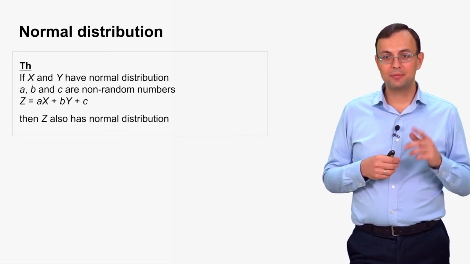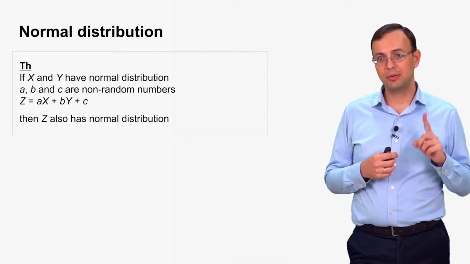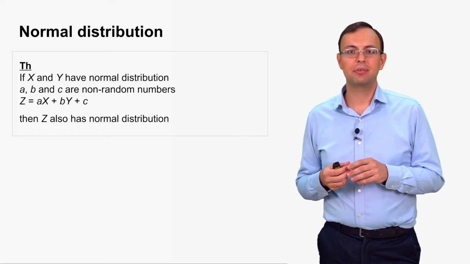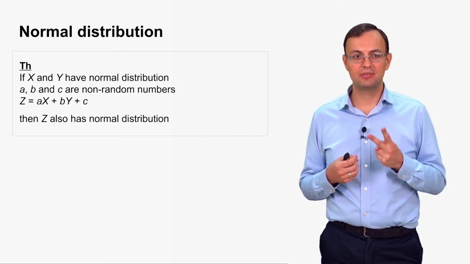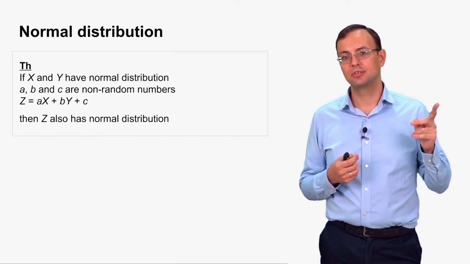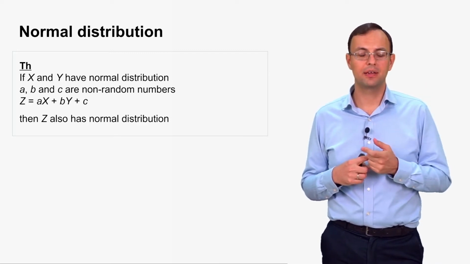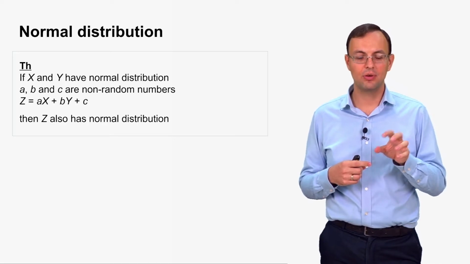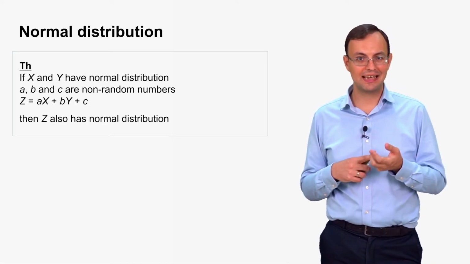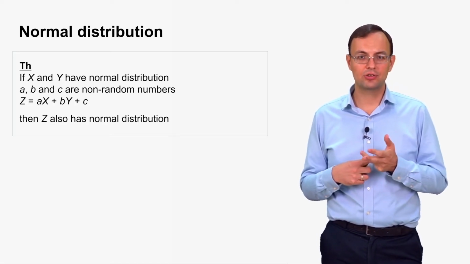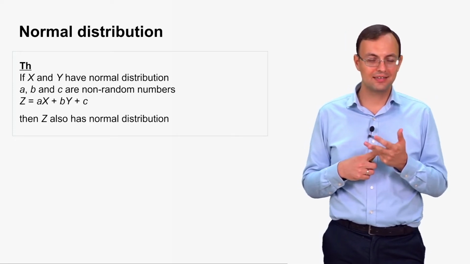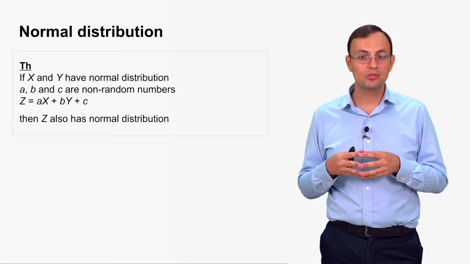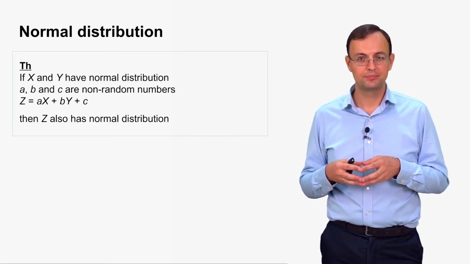And one more thing you should know about normal distribution. If there are two normally distributed random variables and there is a third random variable that is a linear function of these two, so if Z is a linear function of X and Y, which are both normally distributed, then Z also has normal distribution.